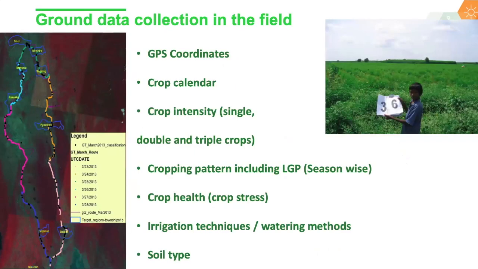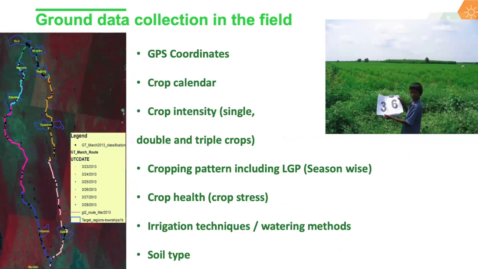Most of the ground data was collected by our staff. We travel and visit locations, collecting information such as geographical coordinates, crop calendar, and crop intensities, whether it is single crop, double crop, or triple crop area, and the cropping pattern over the crop years; previous years we also consider.